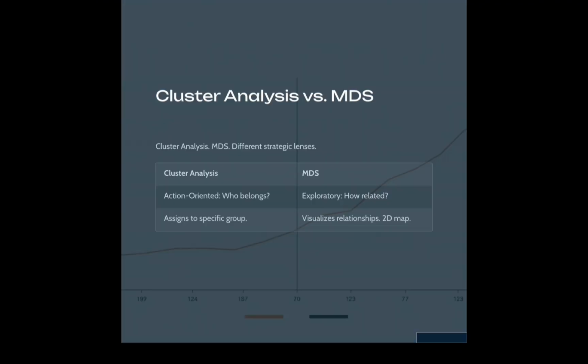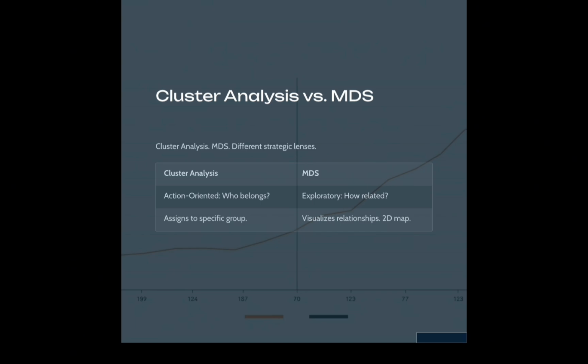Now we can discuss another technique called multidimensional scaling or MDS, which is sometimes confused with cluster analysis. Cluster analysis is often used alongside MDS, but the two techniques serve different purposes.